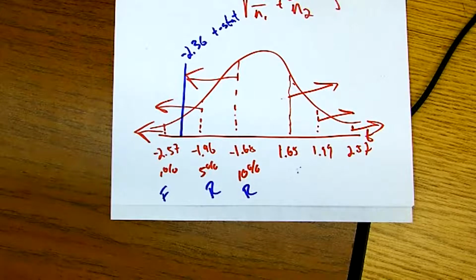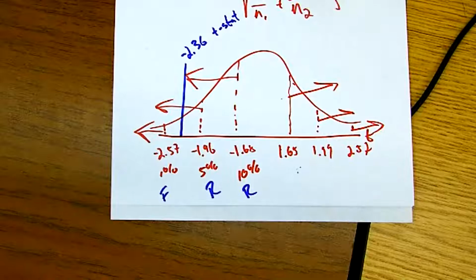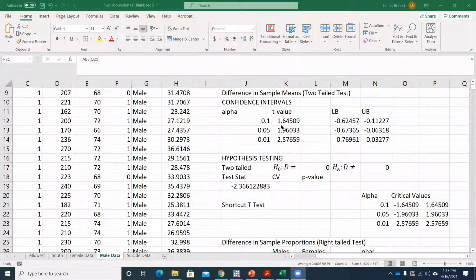I fail to reject that could be what the true difference is at the 99% level, which is exactly what we said when we looked at the confidence intervals, right? When we're looking at those confidence intervals, the 90 and 95% level did not include this assumed true difference of 0, but the 99% level did.